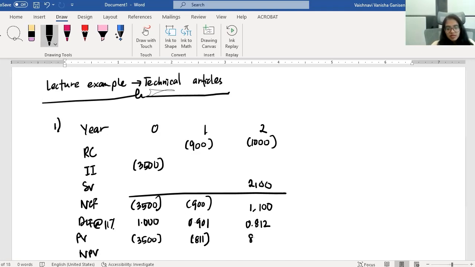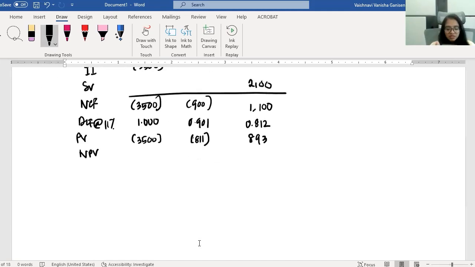And then 893. So what will my NPV be? Okay. $3,418 negative. Okay, guys. Now I just want to remind you that this is already a cost, right?